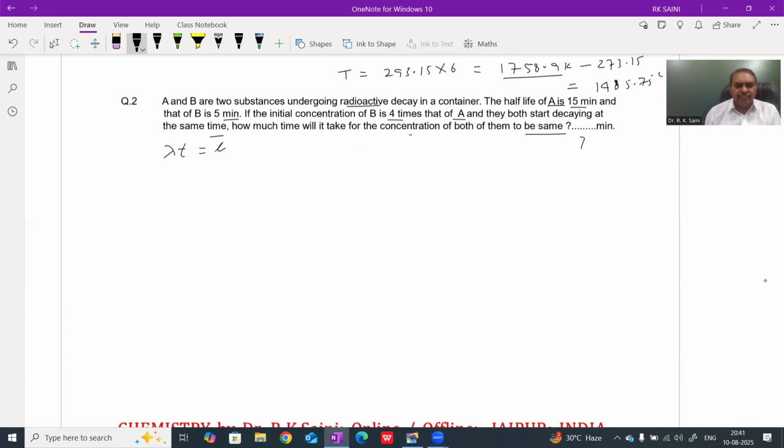Integrating, the equation is ln of initial amount over amount at time t, or we can say initial radioactive nuclei, where the term concentration is also used. In equation first, for substance A, we know that the radioactive decay constant or rate constant is ln2 upon half life.